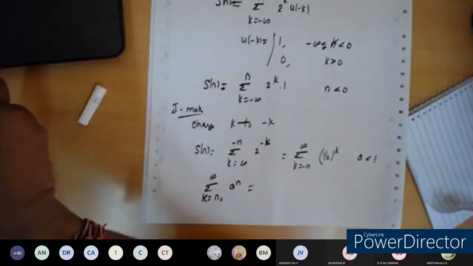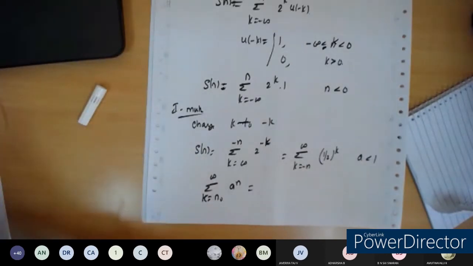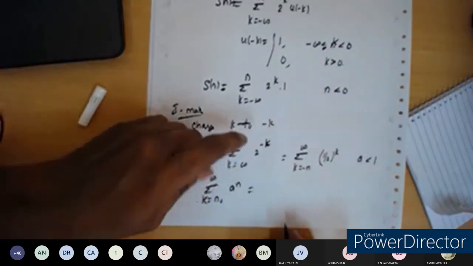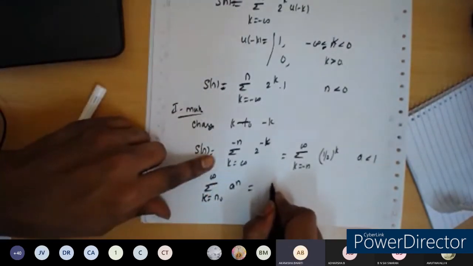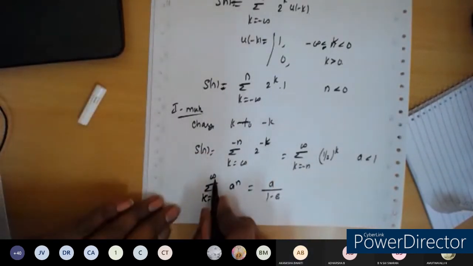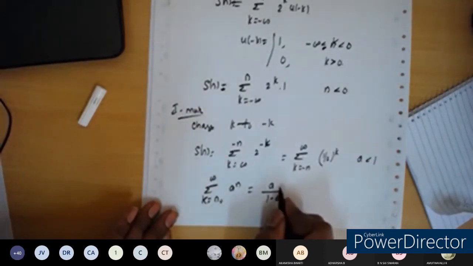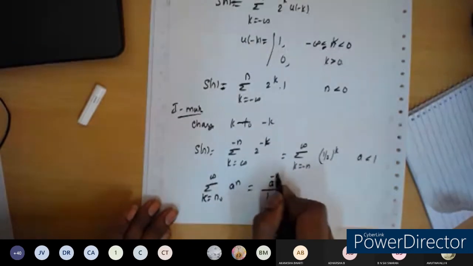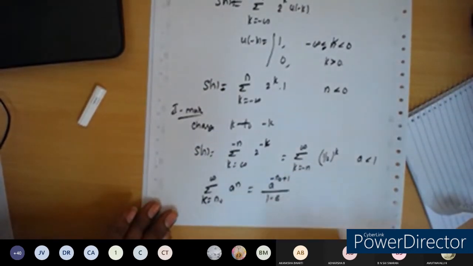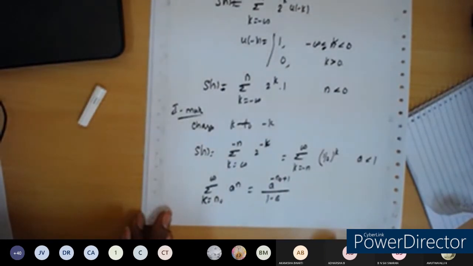A by 1 minus a. So a divided by 1 minus a. This is for k is equal to 1 to infinity, I guess. So this will be a to the power of minus n naught plus 1, I guess.